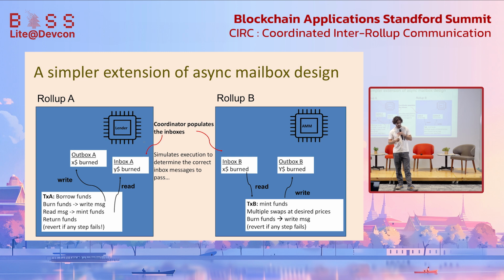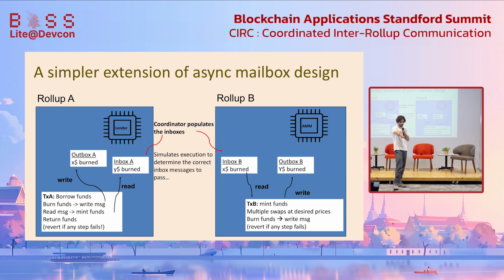But it is not powerful enough to capture all forms of synchronous composability. So it doesn't capture arbitrary function calls between applications of different chains, but it does cover at least all the use cases that I can think of, including flash loans and things like that.